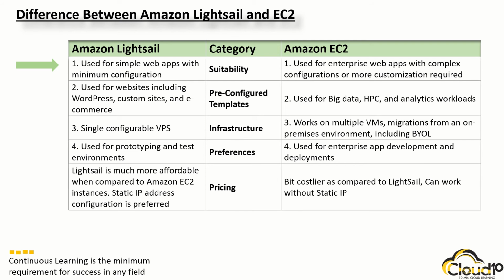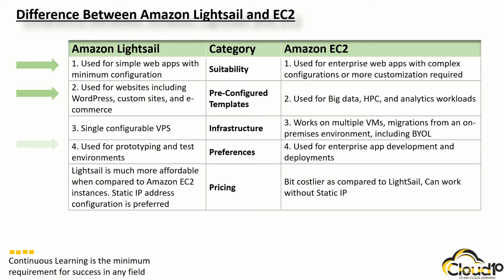Now coming to the pre-configured templates, LightSail is used for websites including WordPress, custom sites, and e-commerce platforms. Whereas EC2 is mostly preferred for any kind of big data application or any kind of microservices based application or analytics workloads.